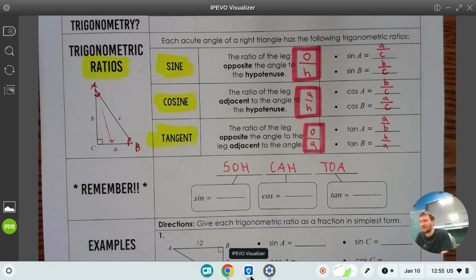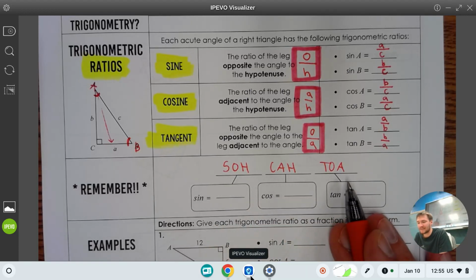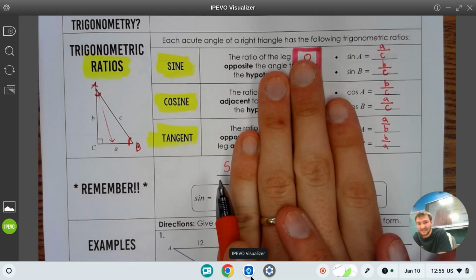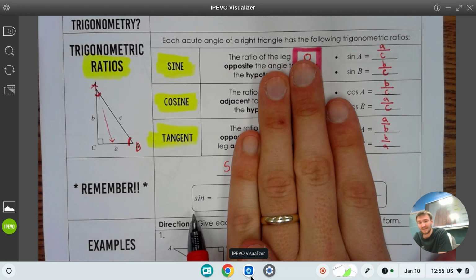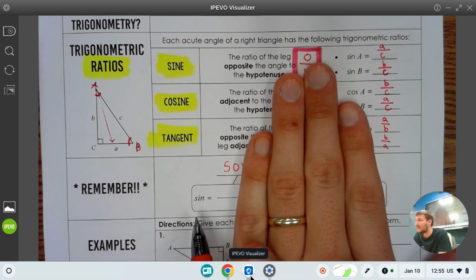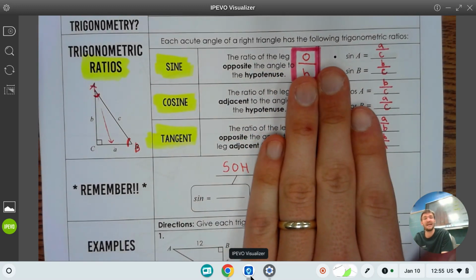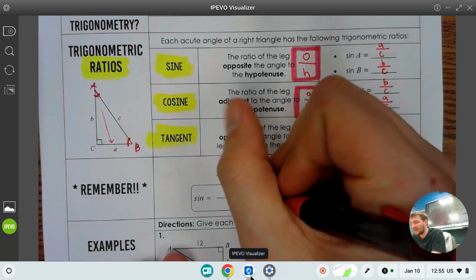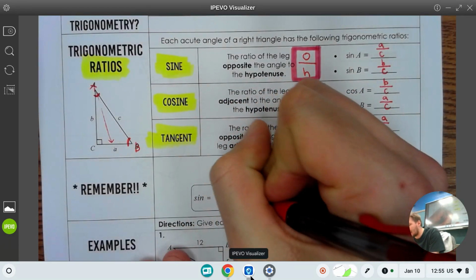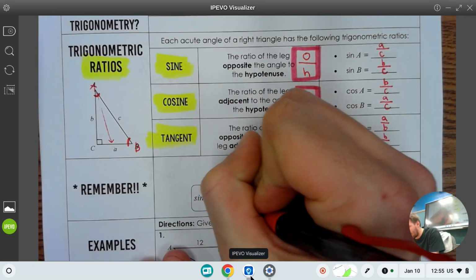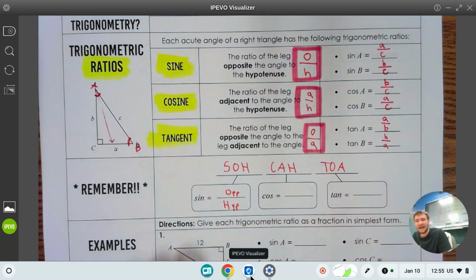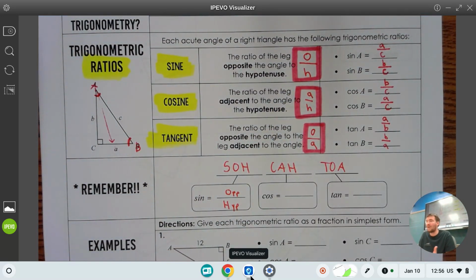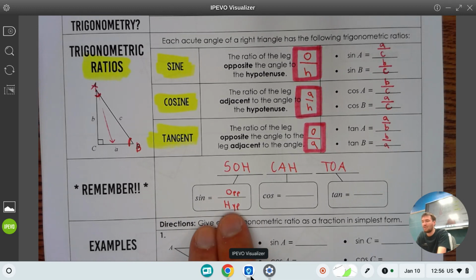All right? And why do we remember it like this? Well, the S stands for sine, the O stands for the opposite, and the H stands for the hypotenuse. So sine is opposite over hypotenuse. And that's where your SOH comes from.